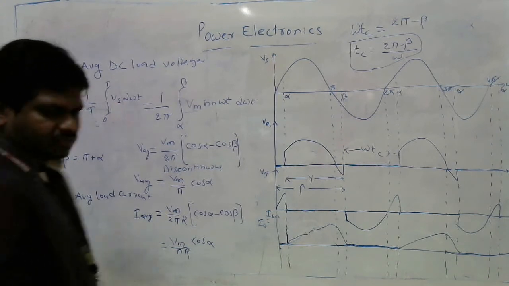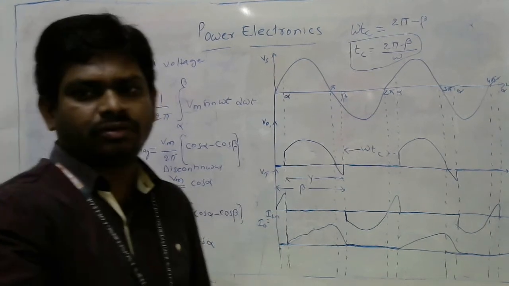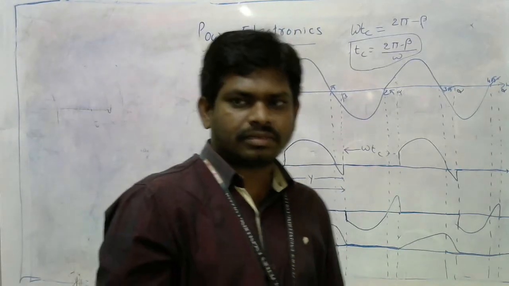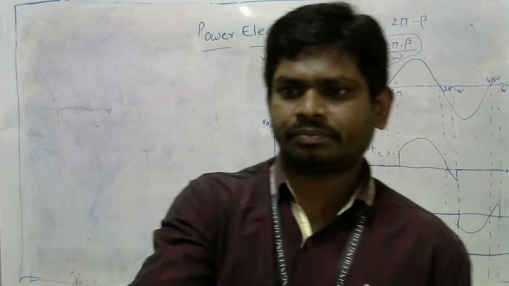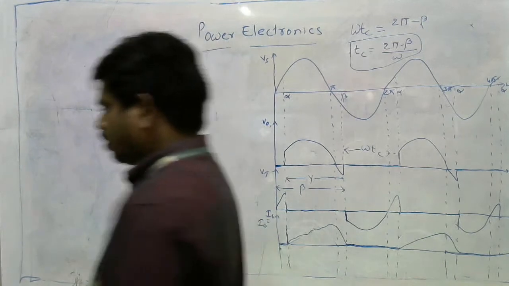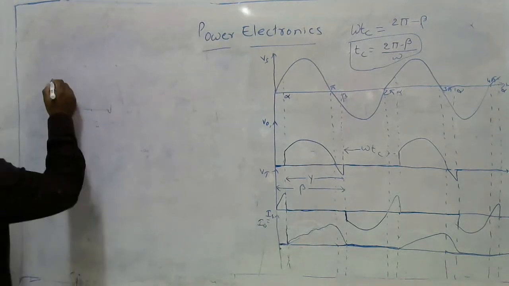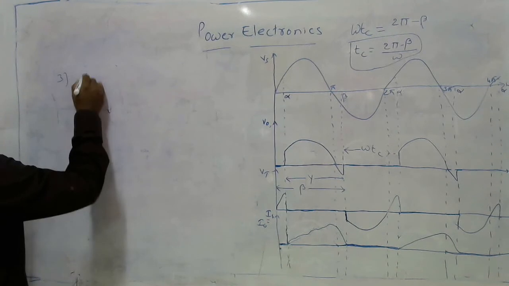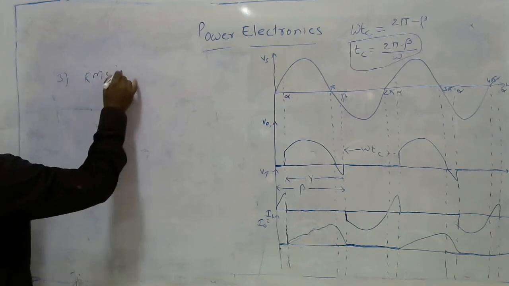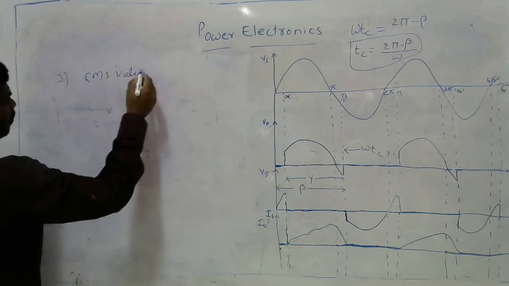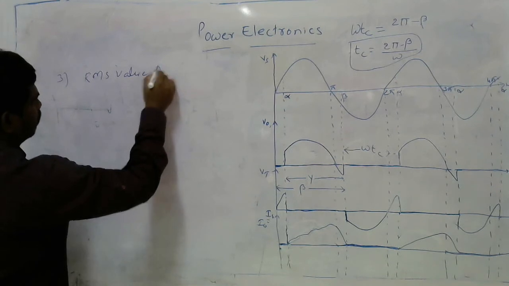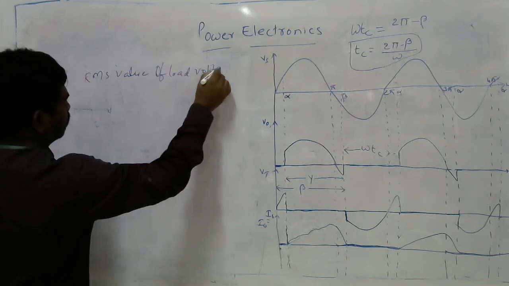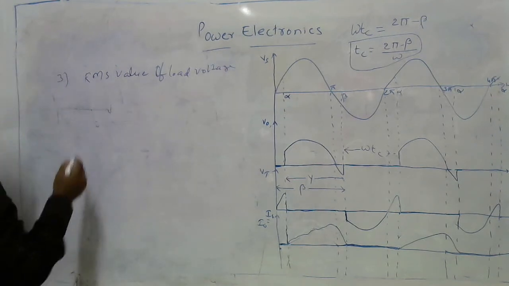Right? Now next we'll see the RMS values of output current and output voltage. This is the third one: RMS value of load voltage. Very simple.